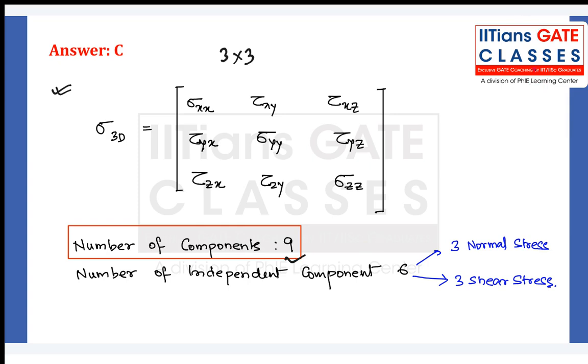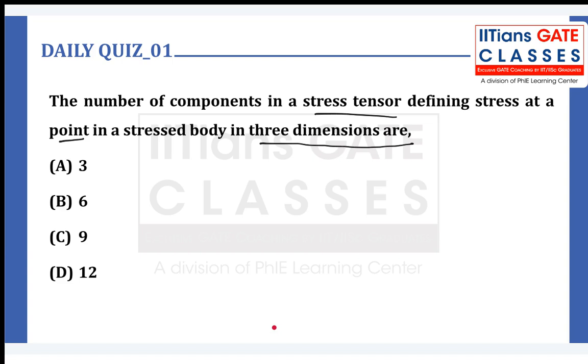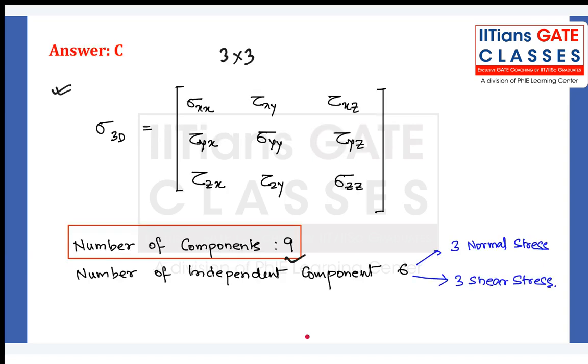But suppose the question had one more word, the number of independent components. The word independent is not there in this question, but suppose it was. Then how many components would there have been? We all know that shear stresses are complementary.